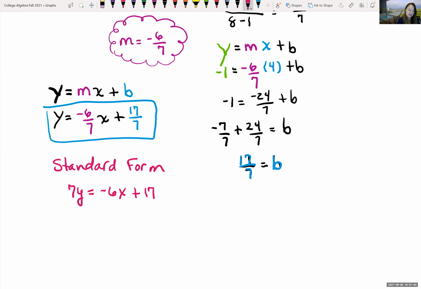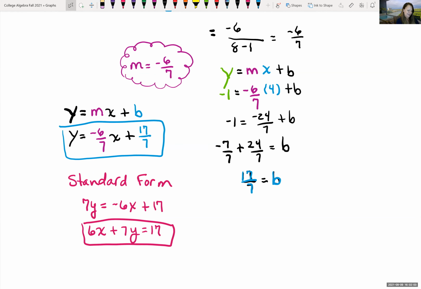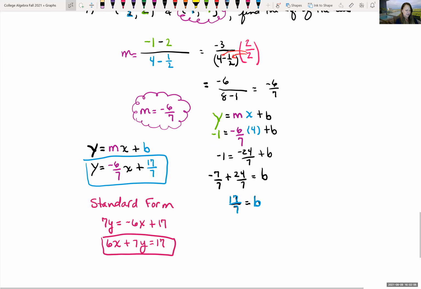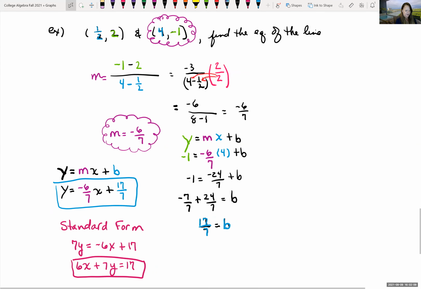So to get the -6x to the other side, we'd add 6x to both sides. So you have 6x plus 7y equals 17. So given 2 points, we were able to find the equation of the line.